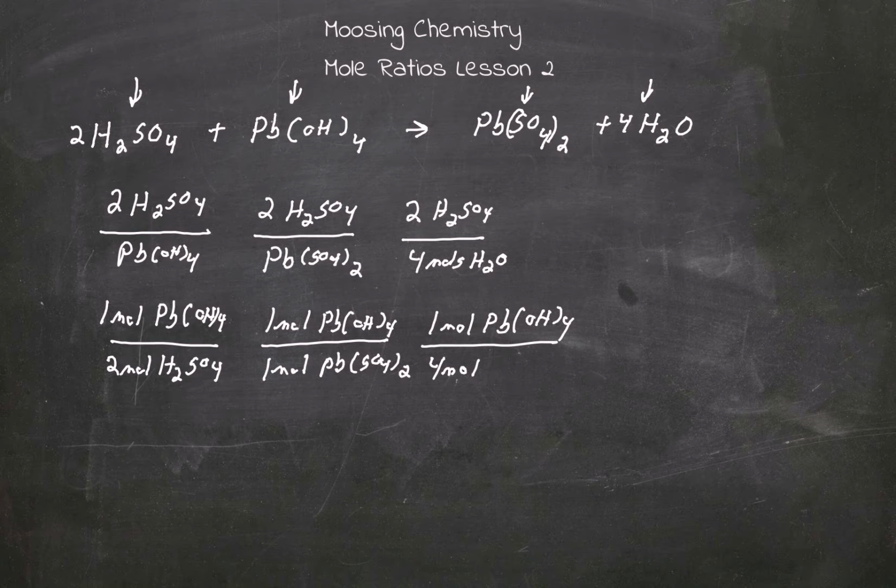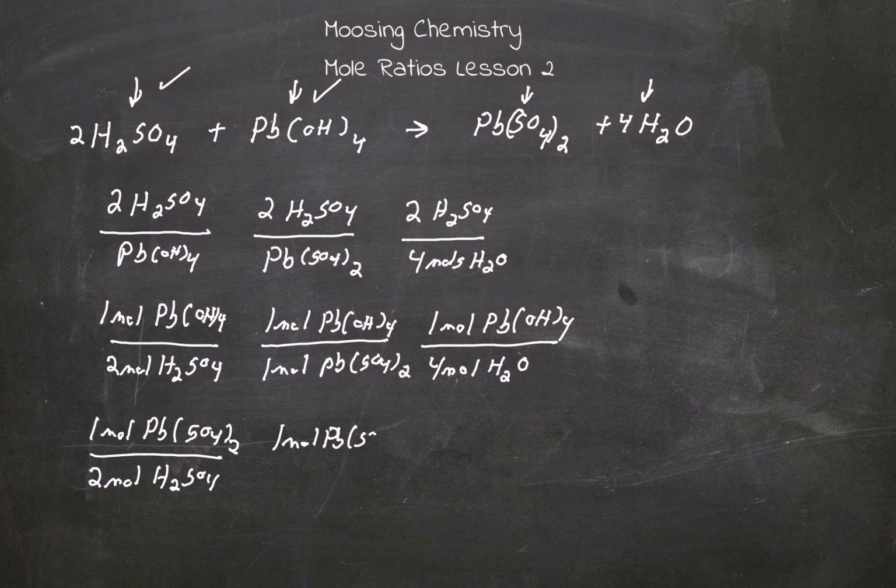So that takes care of 2 of these guys now. So this one is okay, and this ratio is okay. Now let's do this ratio right here. So we're going to do this. We'll see 1 mole of PbSO4 over, and I just keep going it over, 2 moles of H2SO4, 1 mole of PbSO4, of course, over 1 mole of PbOH.